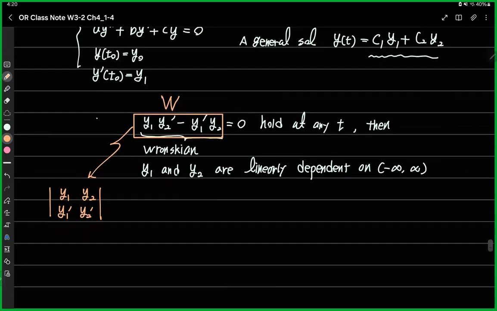You may say that the entries of a matrix must be numbers. No, in a matrix every entry can be a function. So this comes from this: if the determinant is 0, then they are linearly dependent. Keep that in mind.